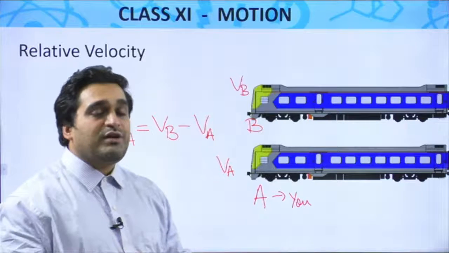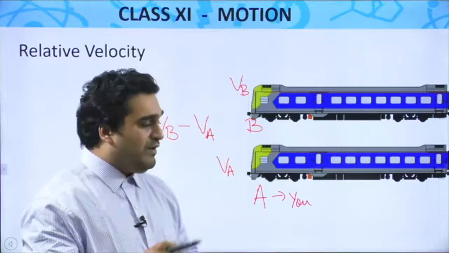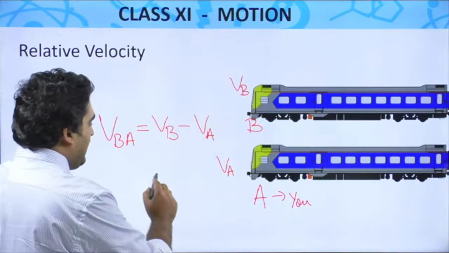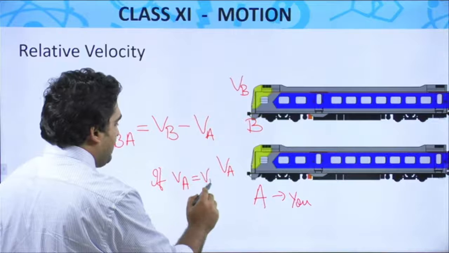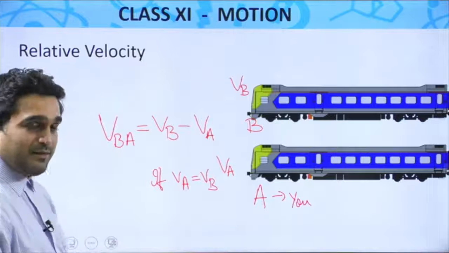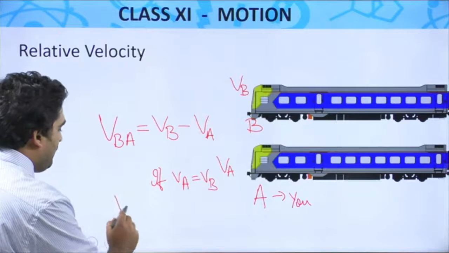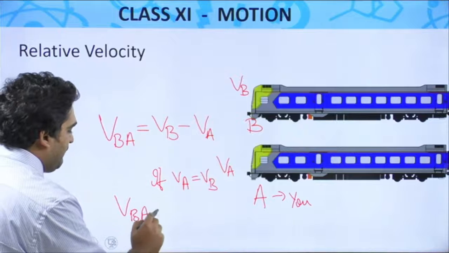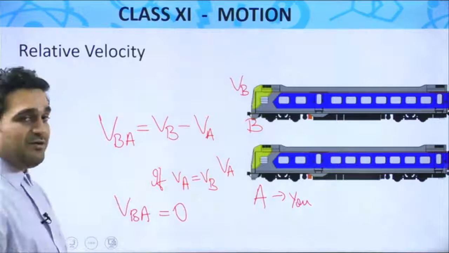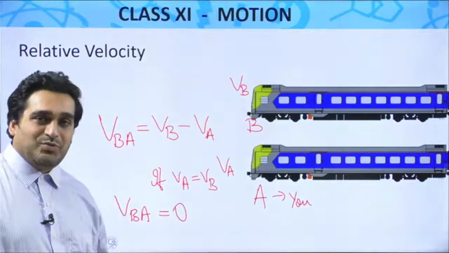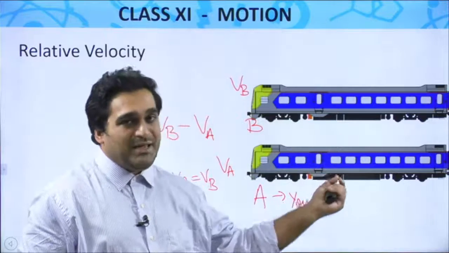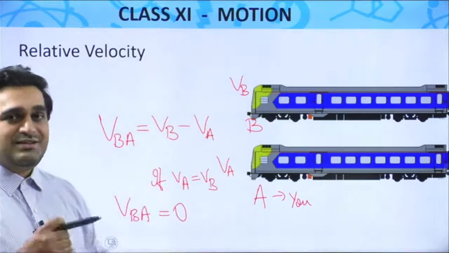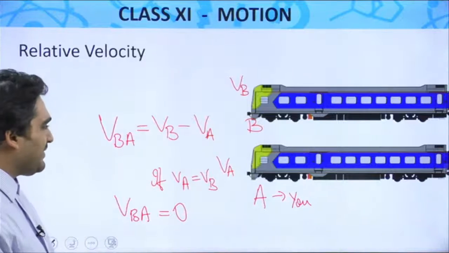That the two trains are moving at the same velocity. So if VA is equal to VB, then VBA will be equal to 0. And this is why when you make an observation from train A, B will look as though it is stationary.